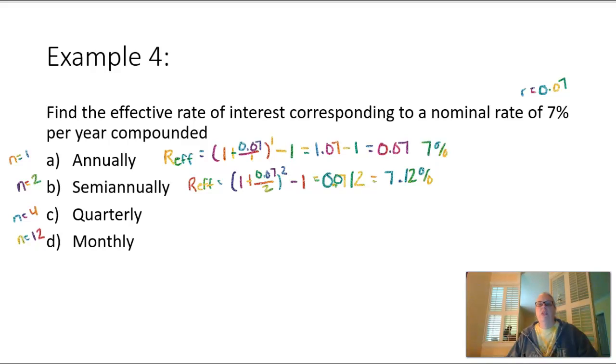So you can see just by increasing the number of times that we're getting interest by 1, we're already getting some extra interest in here that we wouldn't have gotten previously. Alright, let's look at quarterly. The effective interest rate, 1 plus 0.07. This time we're dividing by 4 and raising everything to the 4th power.